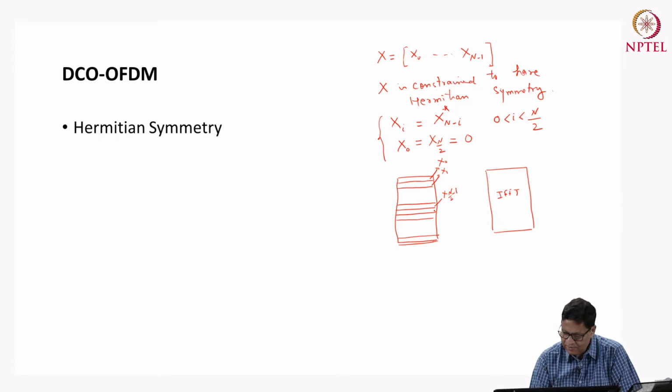Then the next one is x(N/2 plus 1). Let me rewrite this. We start from here: this is x1 conjugate, and this is x(N/2 minus 1) conjugate, and this goes to the IFFT.